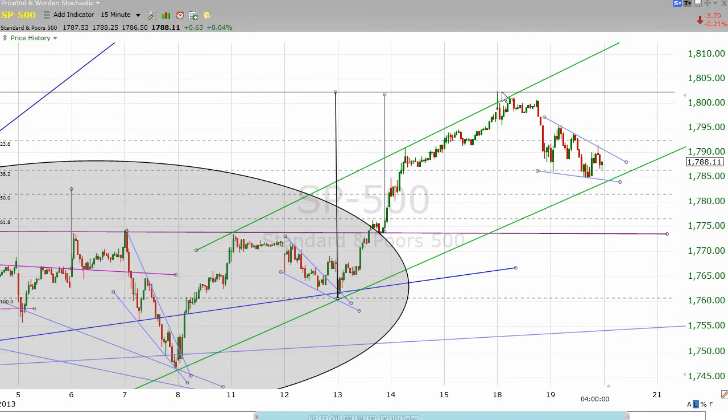Our breakout move went all the way up to 1802, and now we're settling back, and look where we are settling back to: both this ascending support line and what he called a 40% retracement, what this tool shows as the 38% Fibonacci retracement. So I just think that's really interesting.